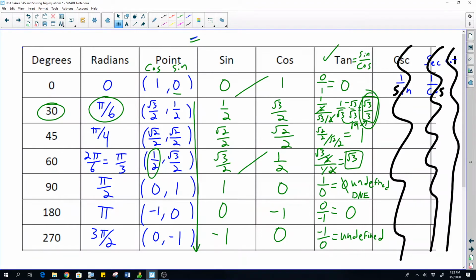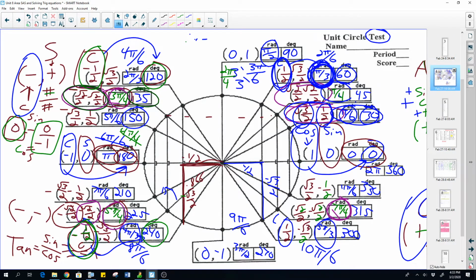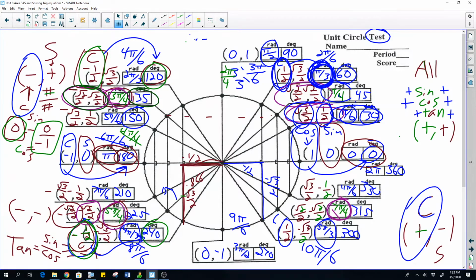Let's take a look at where that is on the unit circle. Radical 3/2, comma 1/2, which is at 30 degrees, because the half goes on top. That makes sense. So at 30 degrees, or pi/6, there it is. So our answer is 30 degrees.